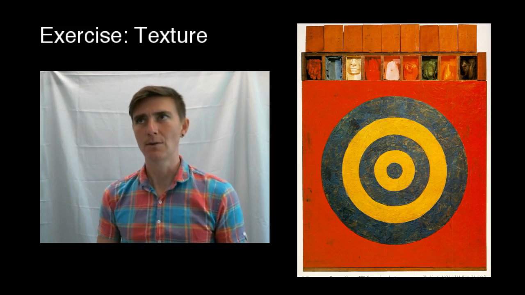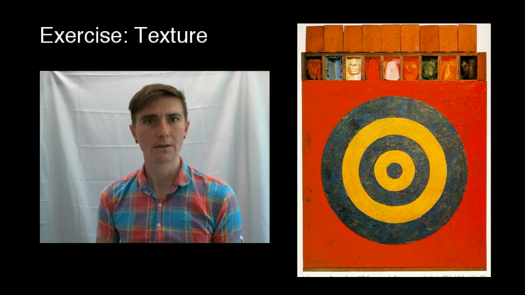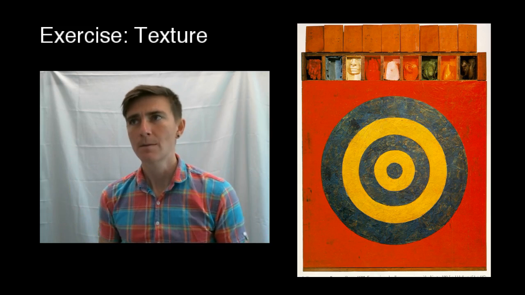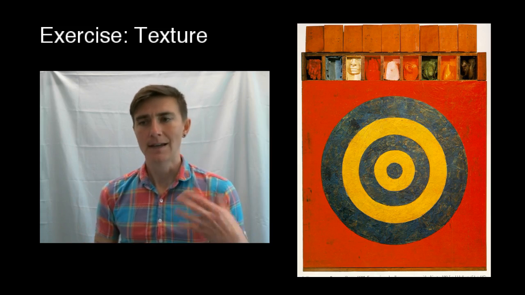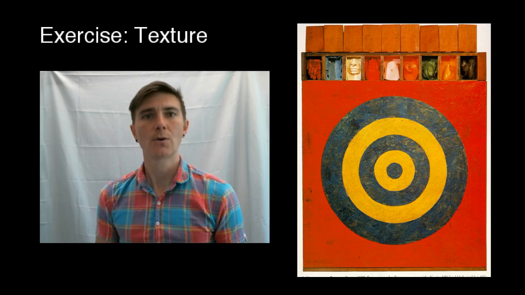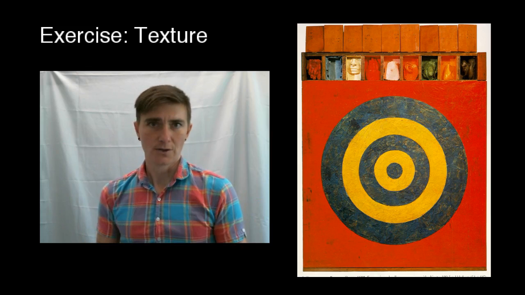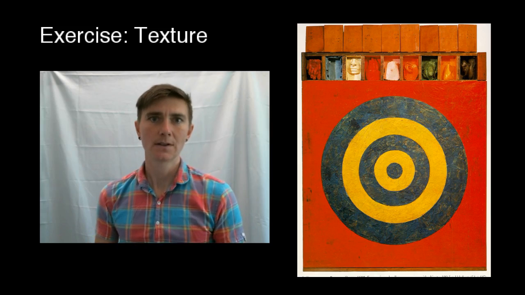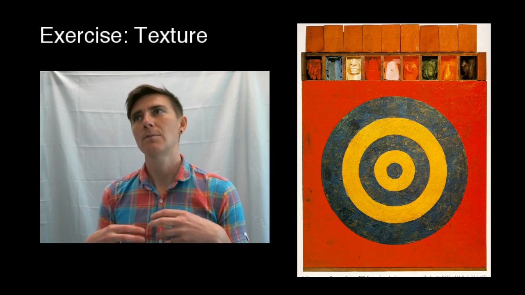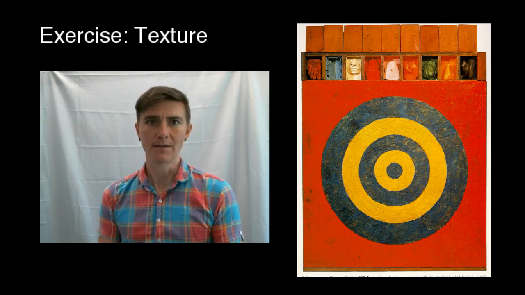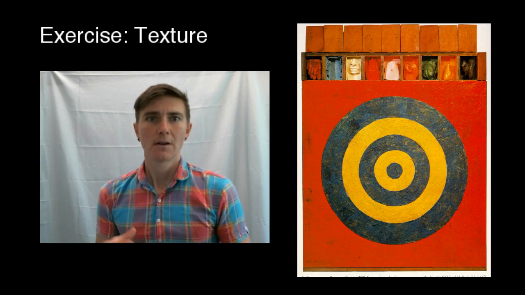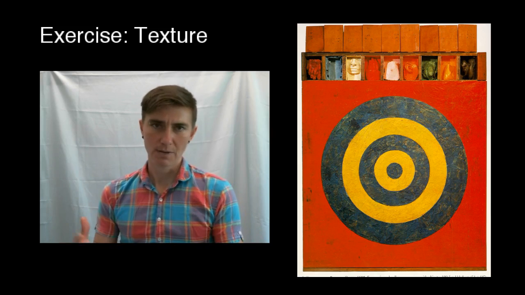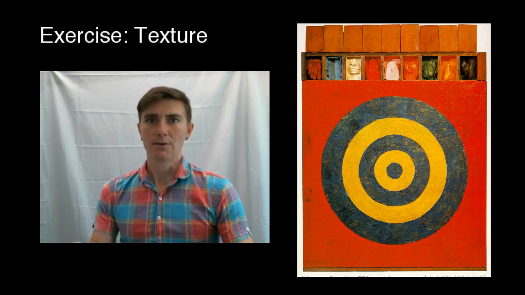And this is definitely something that happens with sculpture and with 3D works, but it's also something that happens with 2D works and more paintings. And that is where either the artist is incorporating textures into the actual paint, or they're creating images that look like they're heavily textured, or they're trying to approximate and represent a texture through the use of their painting or whatever they're using to produce the image.